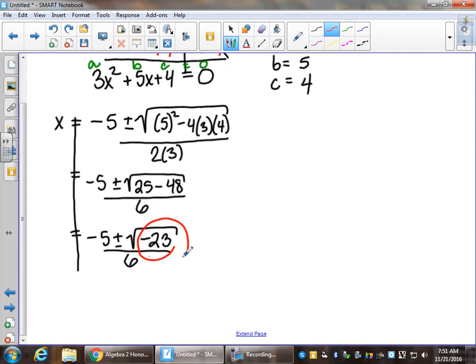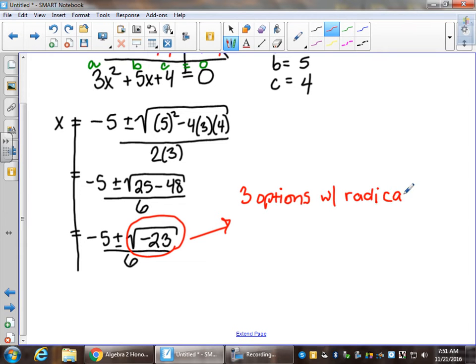We have 3 options when looking at a radical. Three options, three possibilities.